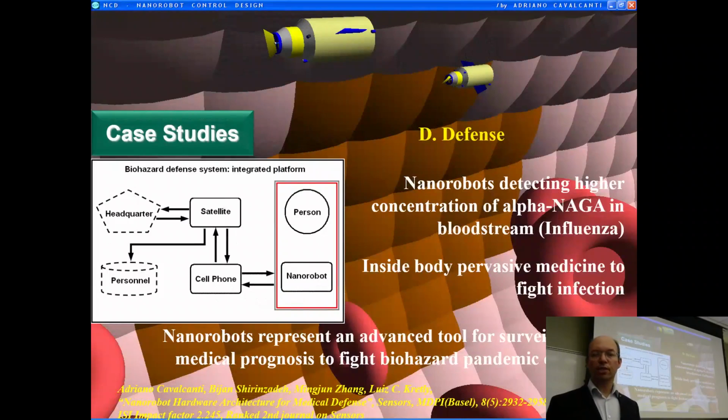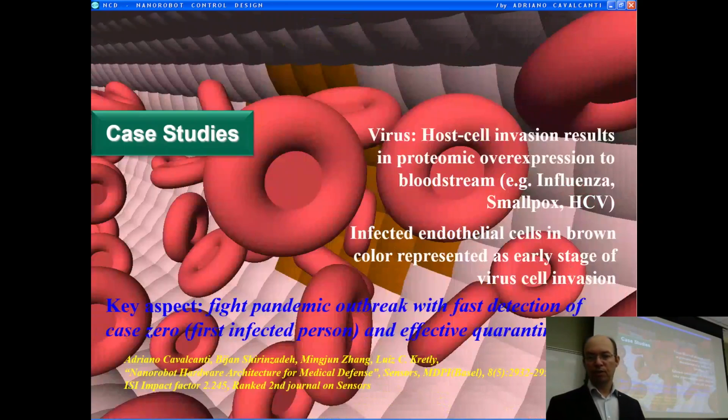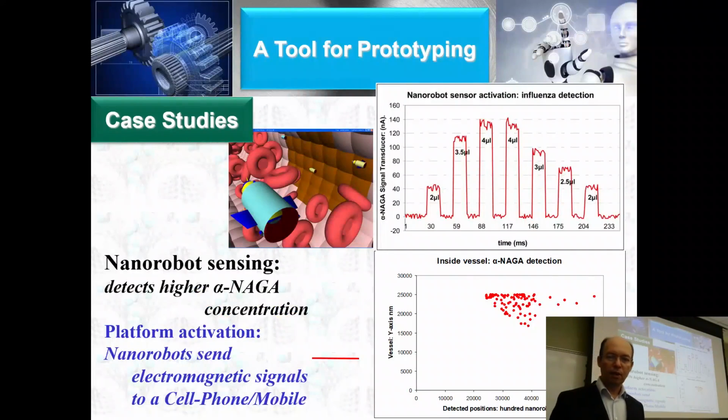And even for homeland security, for defense. For example, right now we have the pandemic, the coronavirus, and similarly, we can consider the same idea. We have implemented a case study before for influenza. Basically the concept again is that we need to consider what is the material, what is the protein overexpression, and from the proteomic analysis and the materials, we are able to define what is the antigen for the sensor.